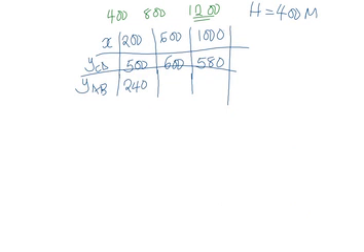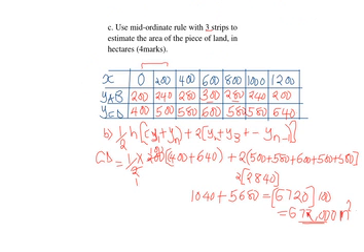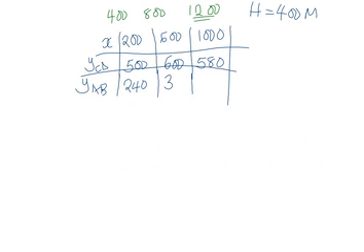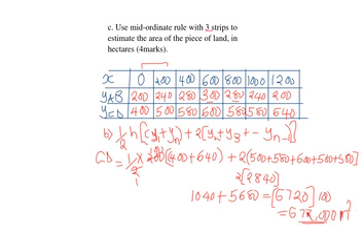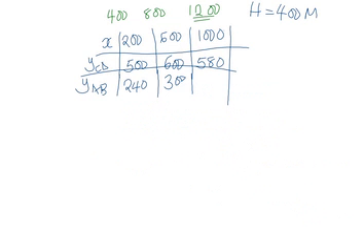And when the value of x was 600, the value of y on AB was 300. And when the value of x was 1000, the value of y on AB was 240.